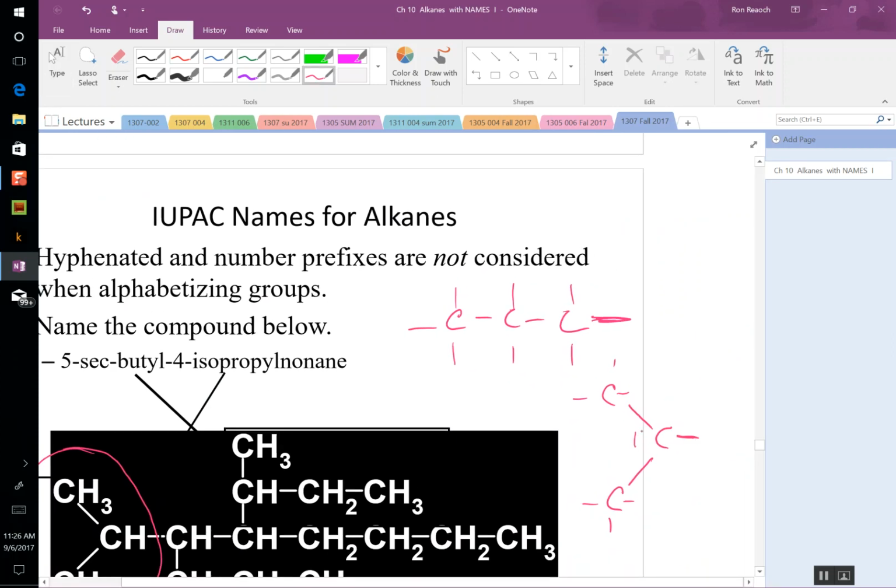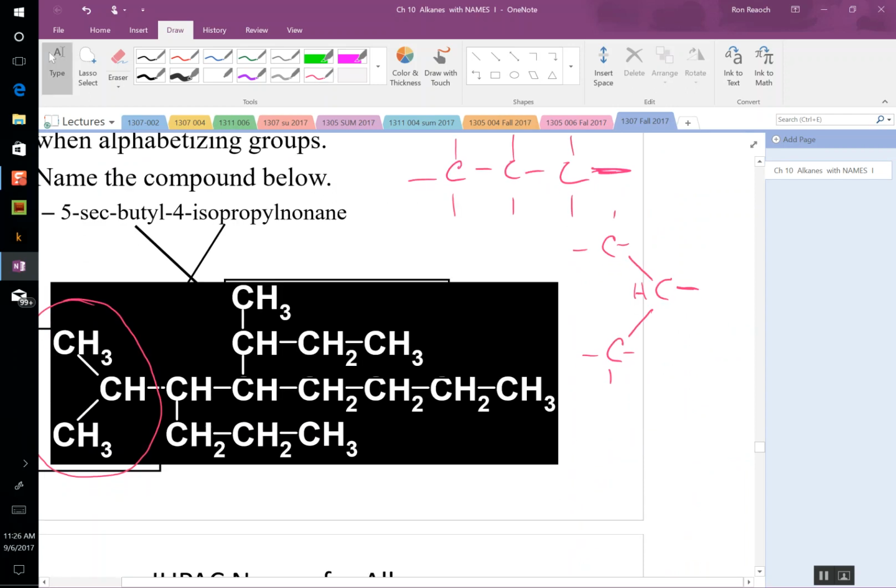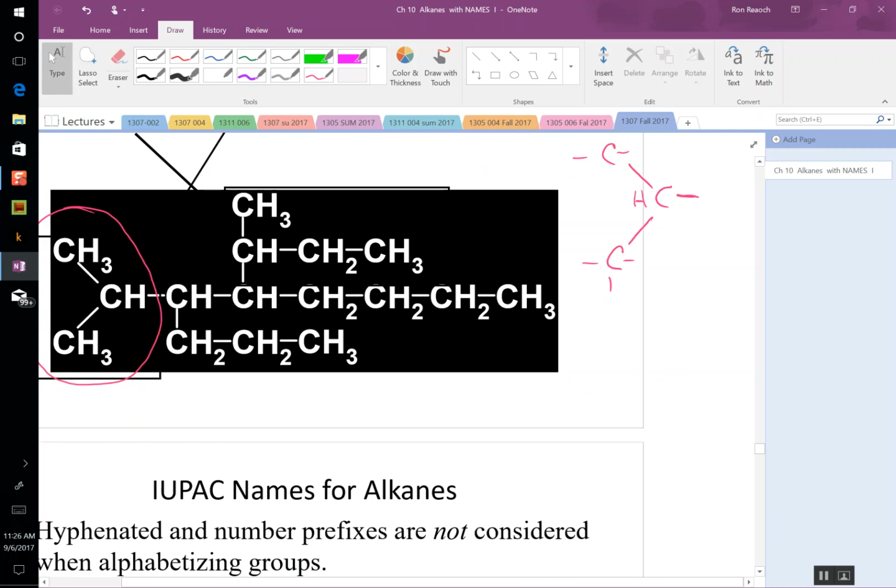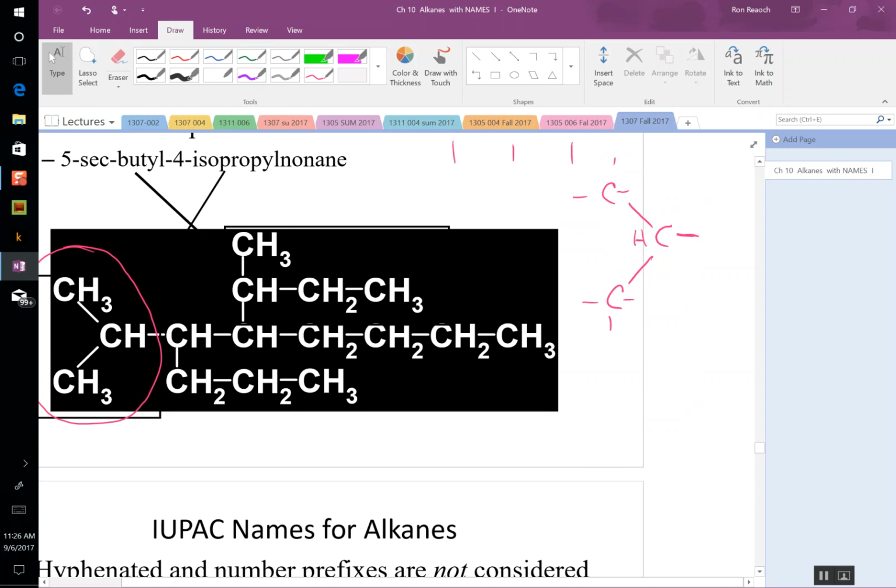But don't forget there's a hydrogen on that carbon. You see there's a hydrogen on that carbon right there. So that's an isopropyl group. There's your secondary butyl group. That's the other butyl. I'm not going to get bogged down in the whole name of that thing. You can see we found that it was 9 carbons long, so it's nonane.